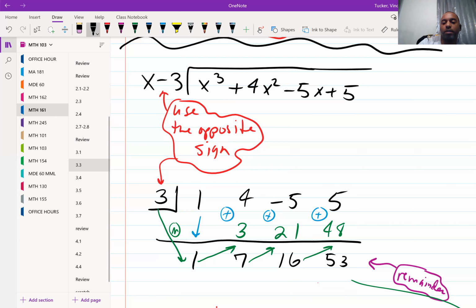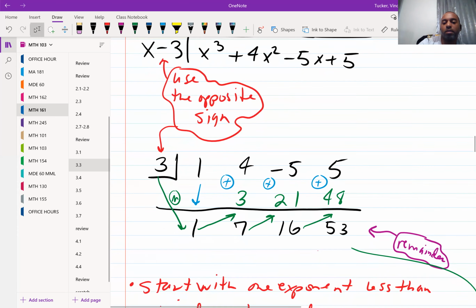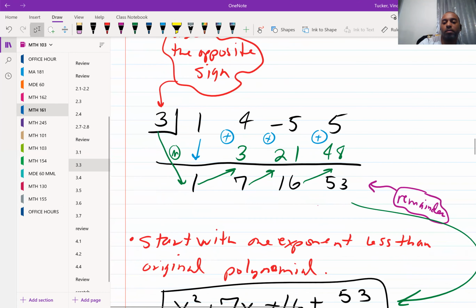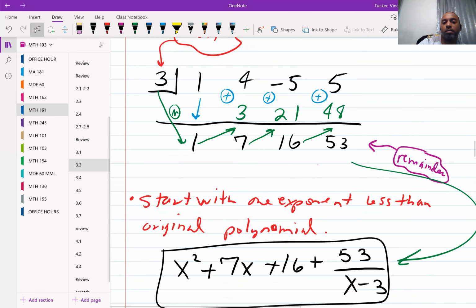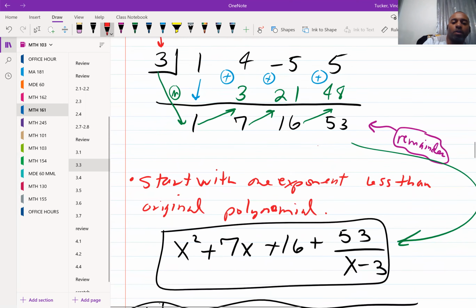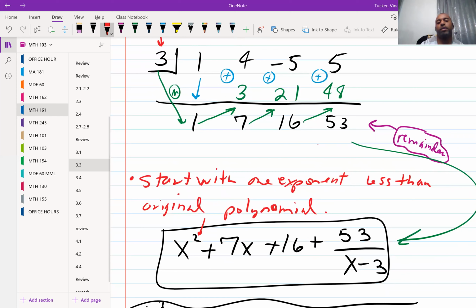Follow the process. So notice in the red statement, start with 1 exponent less than the original polynomial. So notice we started off with x cubed here. That means you start off with x squared. And we just use each one of these.